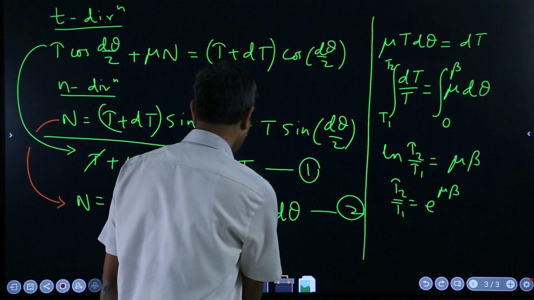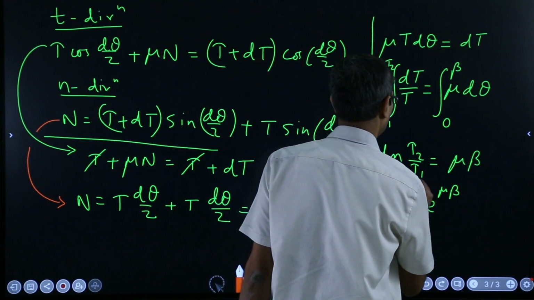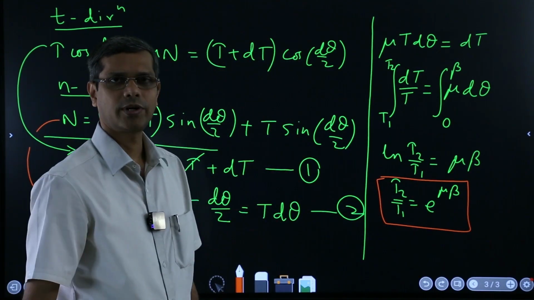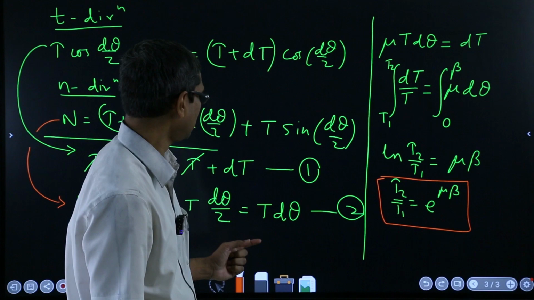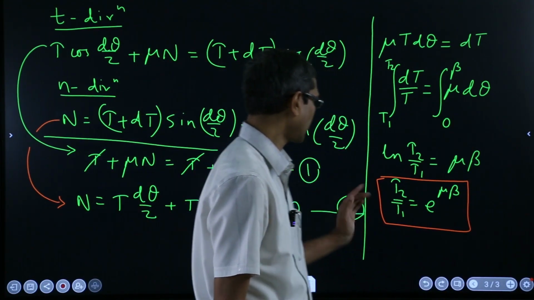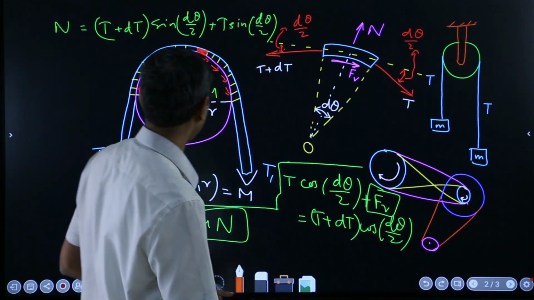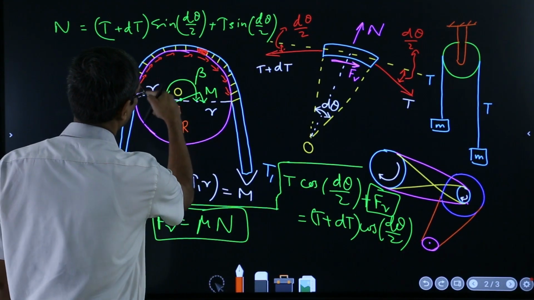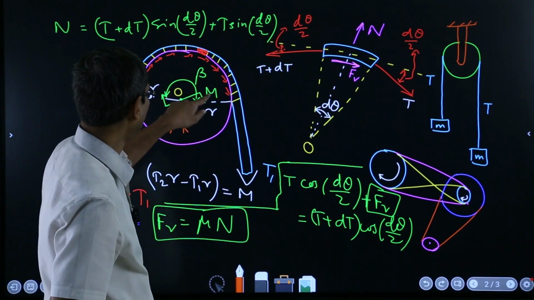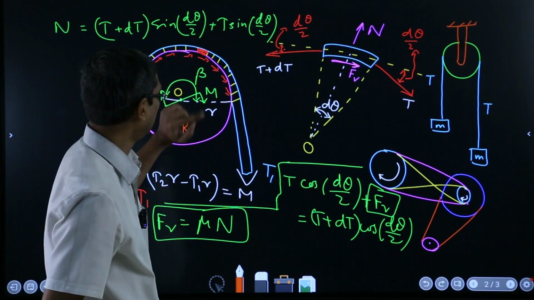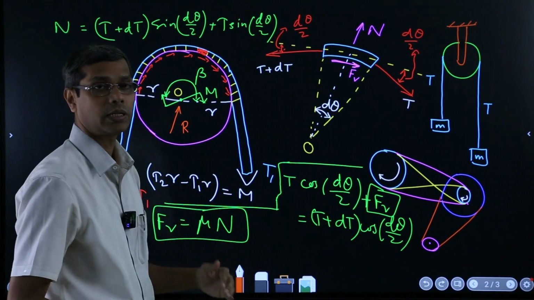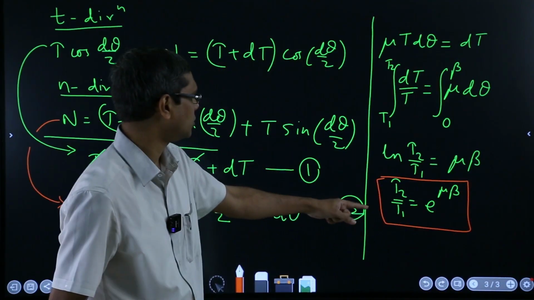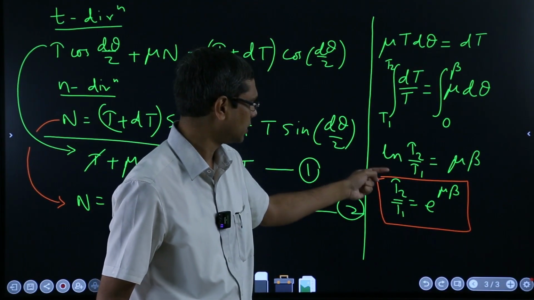Okay, so this is in a way the equation which you should be completely comfortable with. That means when there is a pulley and a belt which is wrapped about the pulley with an angle of wrapping beta, then the ratio between the tensions in the two sides is related to each other like this, T2 over T1.